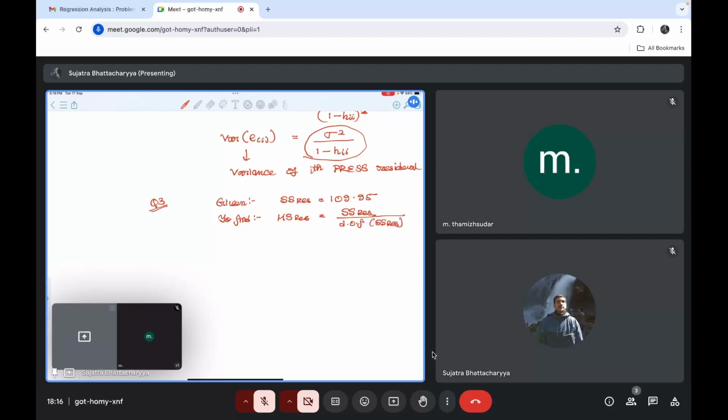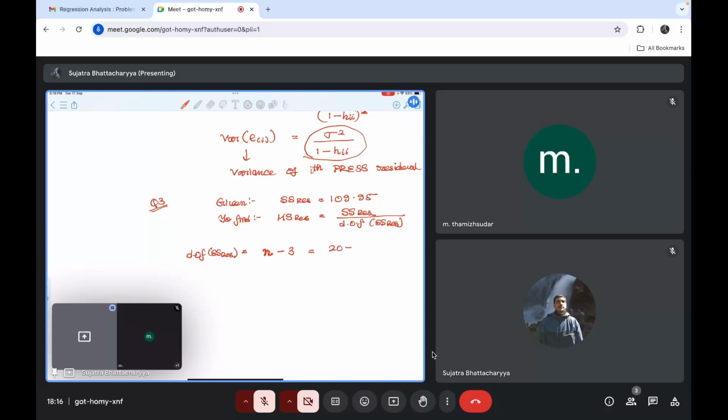Well, how many degrees of freedom? There are n degrees of freedom because n observations are there, but there are three constraints because of three regression coefficients, that is, three unknown parameters. So n minus 3 will be the degrees of freedom.